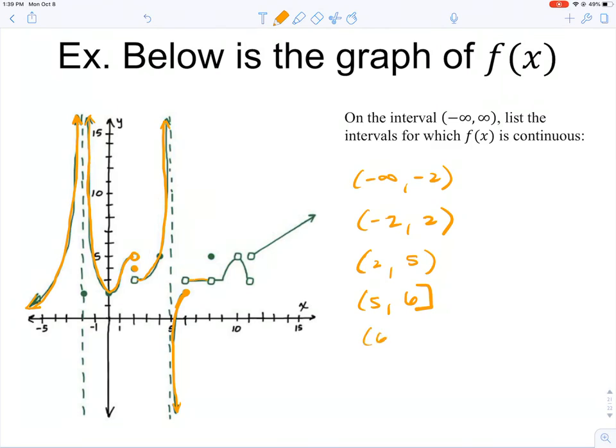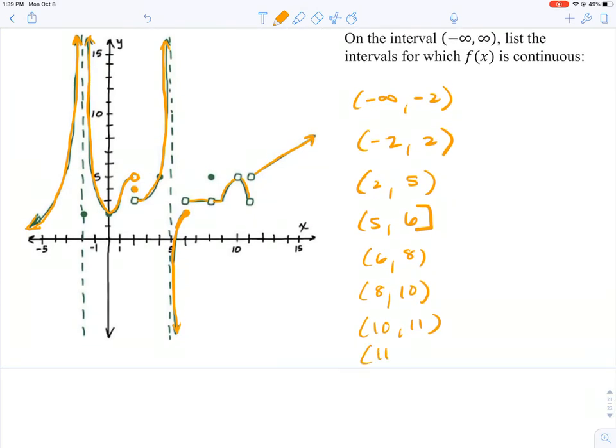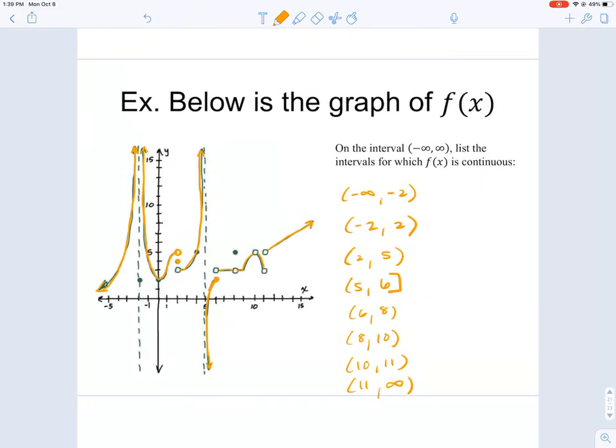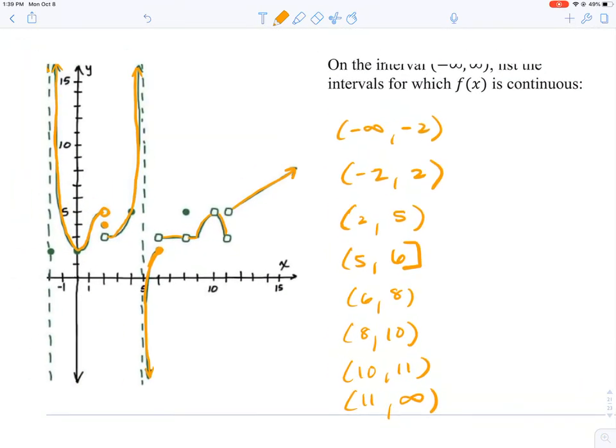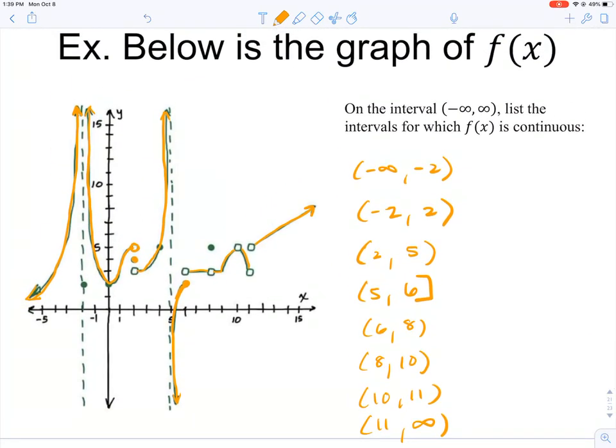Okay, and then from 6 to 8, 8 to 10, 10 to 11, and 11 to infinity. Okay, so these are intervals of x values in which the function is continuous.